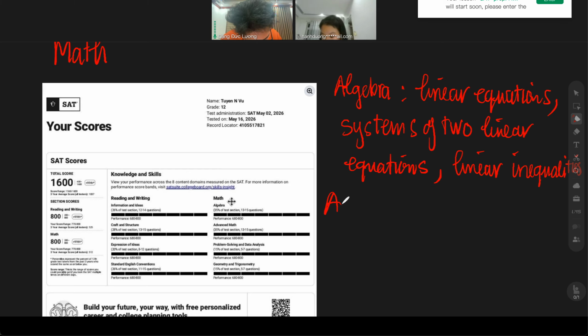Here, advanced math. Okay. This domain deals with quadratics, polynomials, and exponential functions.